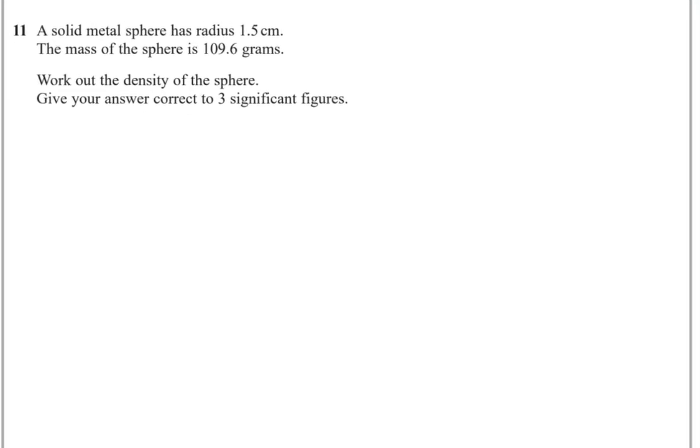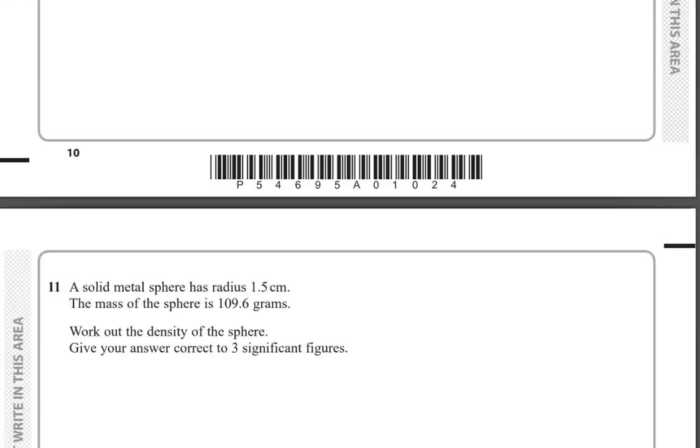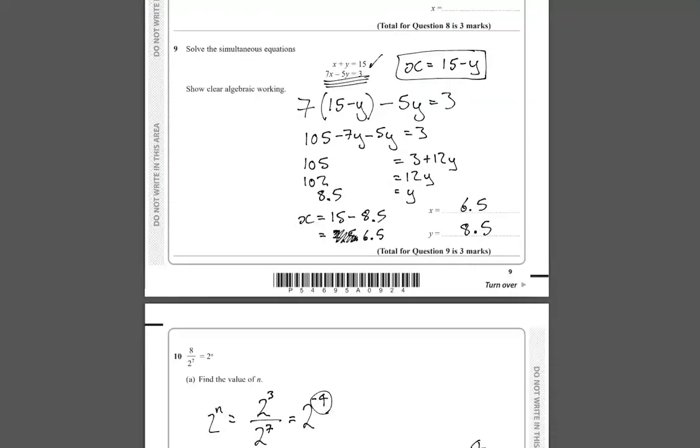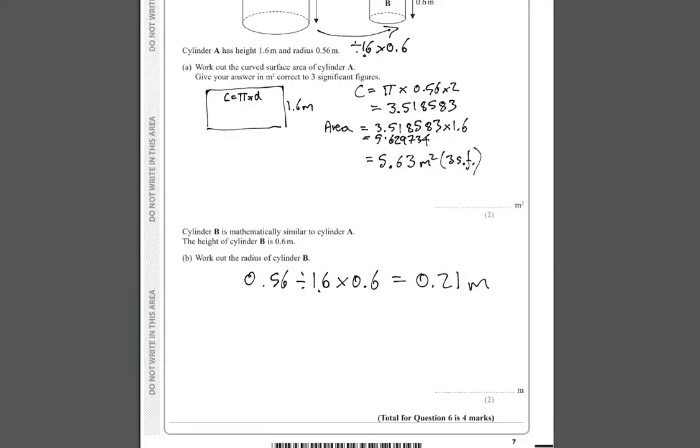A solid metal sphere has radius 1.5. The mass of the sphere is 109 grams. Work out the density. So you do need to know density, and you also need to know volume. So we get a nice helpful sheet for all the volume things that we need.